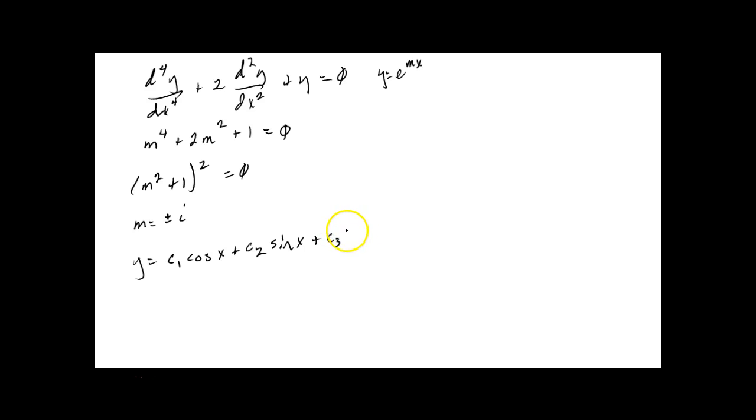Well, I guess since there's two, you can do x. Yes, x cosine x, and then C4 x sine x. There you have it.